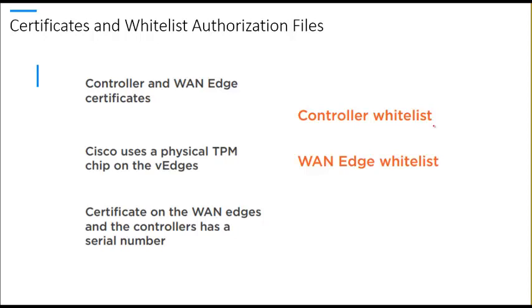Root certificates are the ones signed by the root CA server, not the subordinate CAs. I don't want to get into the security track. We have a separate security track where I teach PKI and all the CA certificate hierarchies.